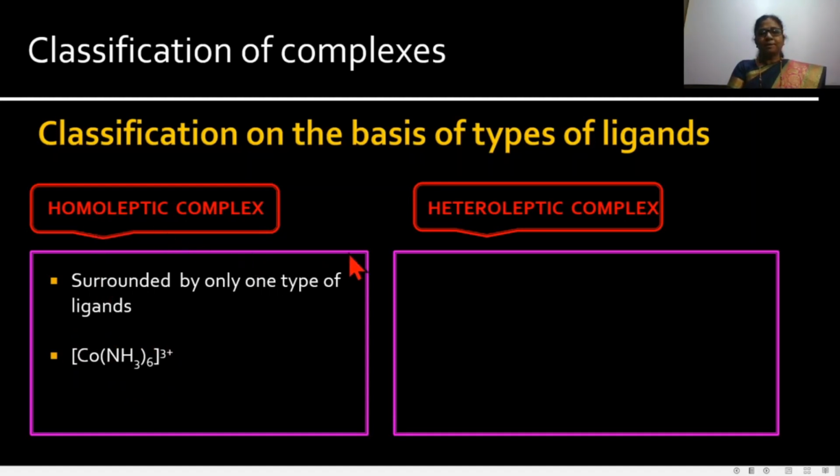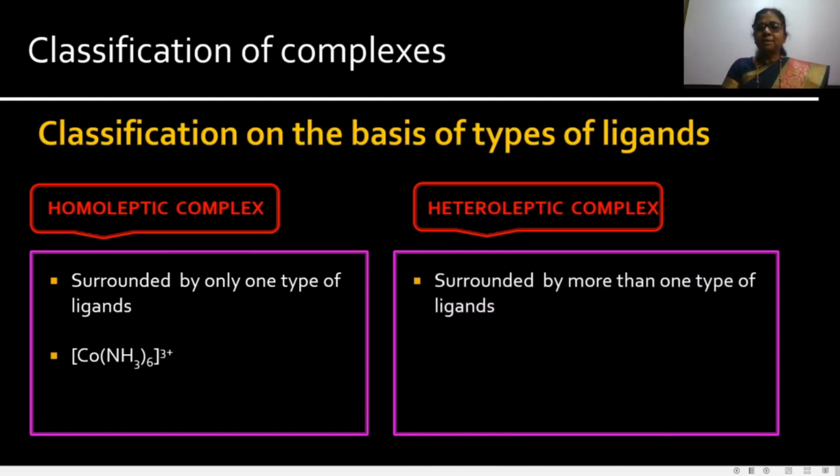Then the second type is the heteroleptic complex. In heteroleptic complexes, the ligands are different. Hetero means different. That means the metal ion surrounded by more than one type of ligand is called a heteroleptic complex. For example, [Co(NH3)4Cl2].